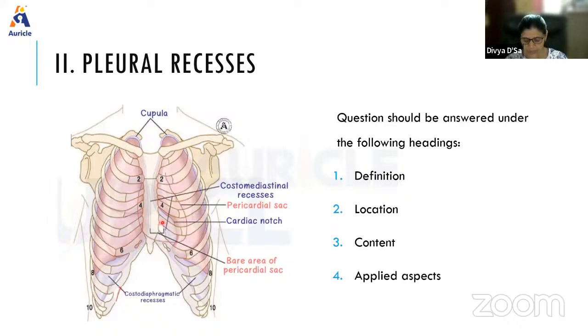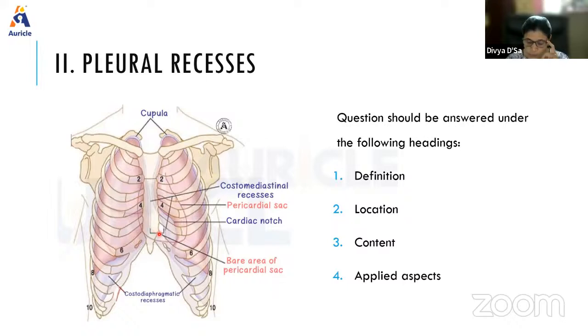The costomediastinal recess is located anteriorly, between the costal pleura, which covers the inner aspect of the sternum and the costal cartilages, and the mediastinal pleura. So here, between the sternum and the costal cartilages, that will be the mediastinal pleura.